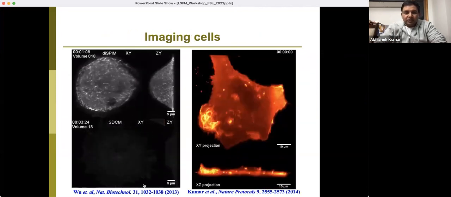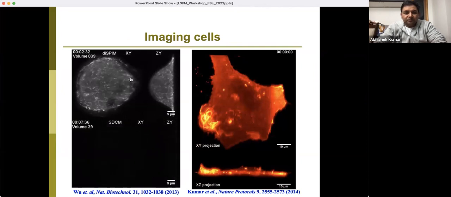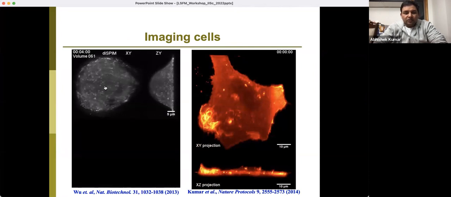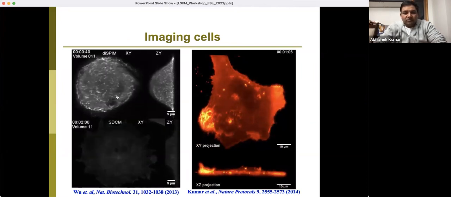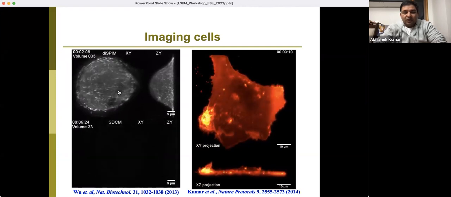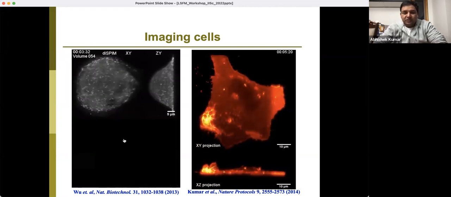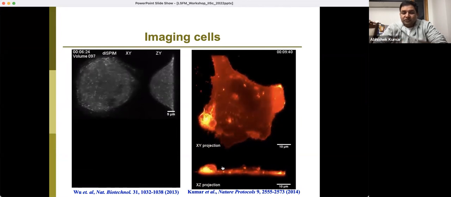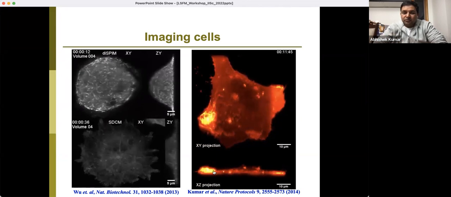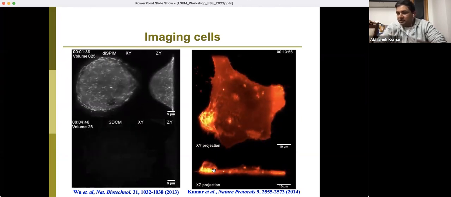I will skip that, but you can see we are comparing. This is acquired on our diSPIM system, and this is a spinning disk confocal. Here you can see the cell is still live and things are moving. Photobleaching is less, while on the confocal it's already bleached. And this demonstrates speed, because we can capture at fast speed.